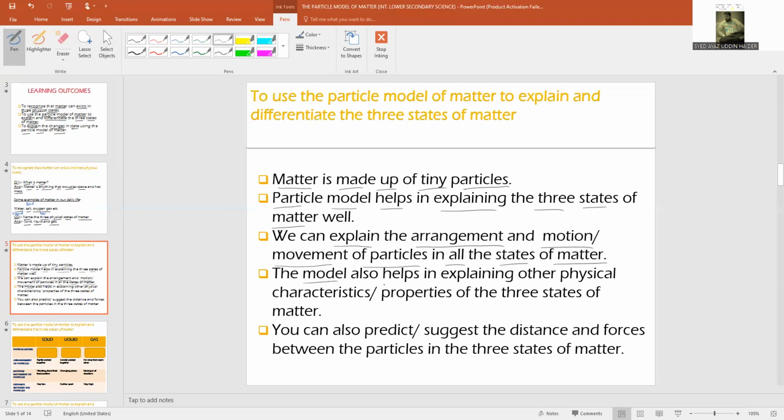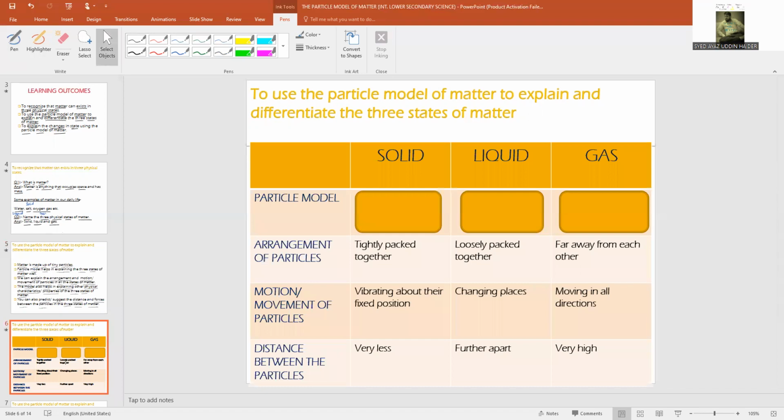The model also helps in explaining other physical characteristics or properties of the three states of matter. You can also predict or suggest the distance and forces between the particles in the three states of matter. So matter is made up of particles, and these particles are always in motion.